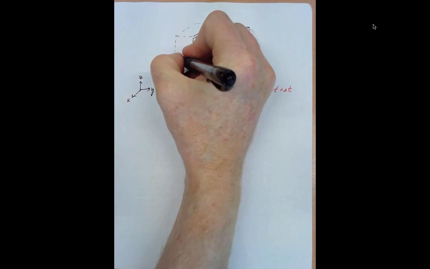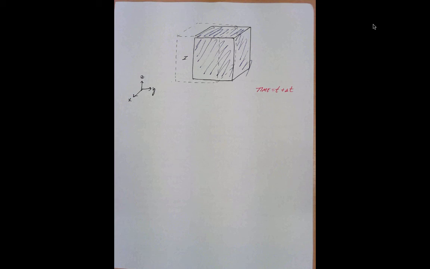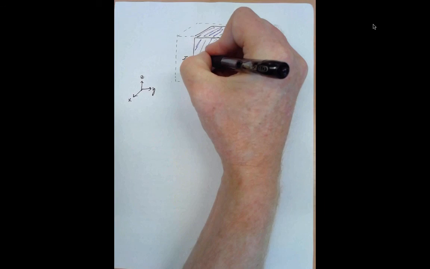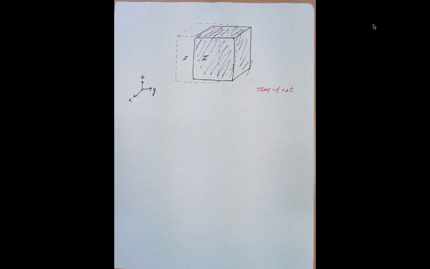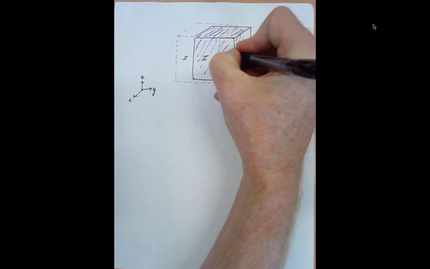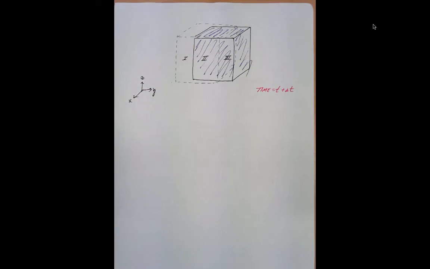I have zone number 1, which is the part of the control volume that used to have the blue mass in it, and now that blue mass has left. Part number 2, which is part of the control volume that still has blue mass in it. And then part number 3, which has exited the control volume and has blue mass in it.